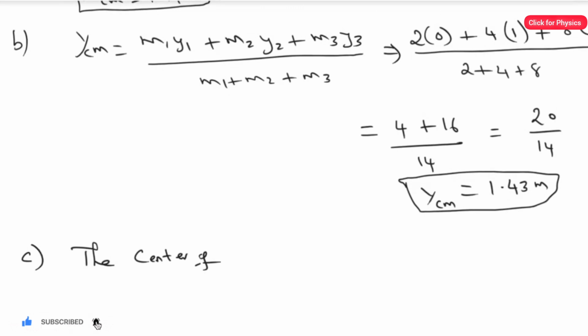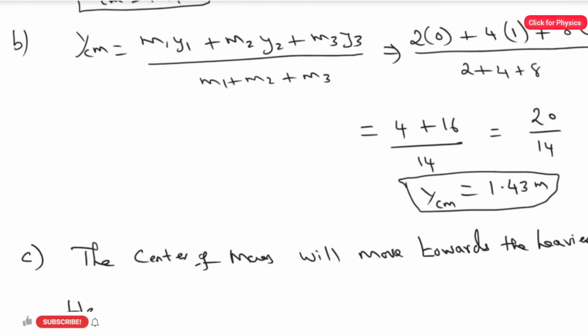will move towards the heavier mass. Hence m3 is increased, because here your m3 value is 8 kilograms.